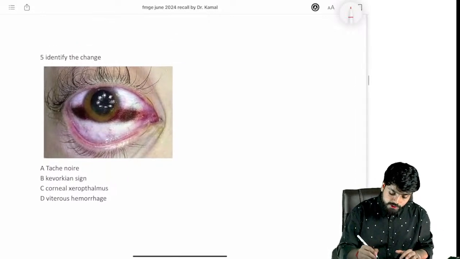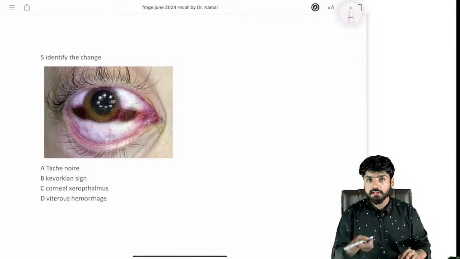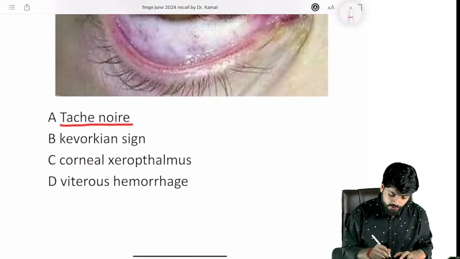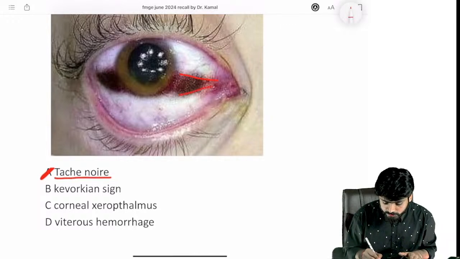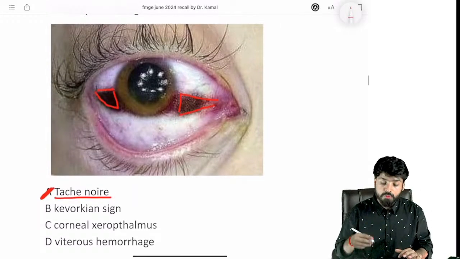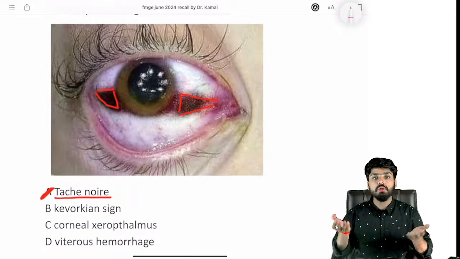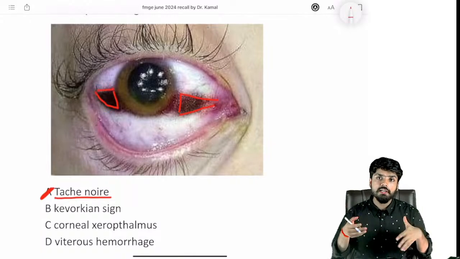Now for the eye we have two things that we have to remember. Either it's going to be sclera or the retina. First I'll tell you about tache noire. The answer is tache noire. As we can see, you can see a wedge shaped or triangle shaped lesion on both sides of the sclera. What is actually happening over here? When the patient dies with the eyes open, as we know, when we blink, a film of tear is maintained.